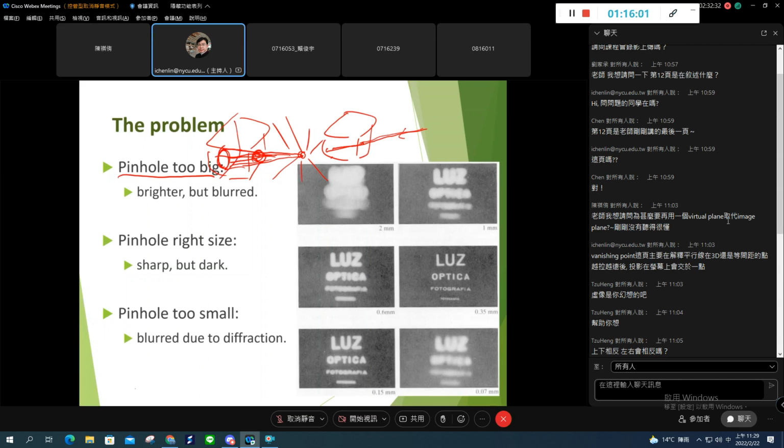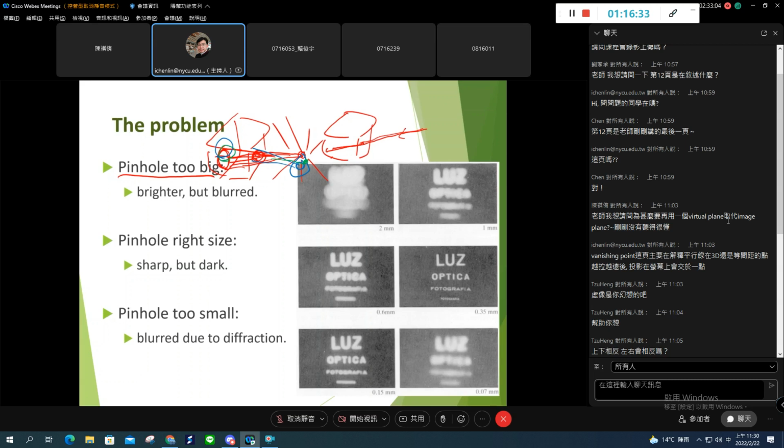If you have a candle here, say for instance, this other point is blue, and through the big pinhole you will see it spread here. And for the green one, let me show another green point here. Through the pinhole, it will become a pretty large sphere on your film.